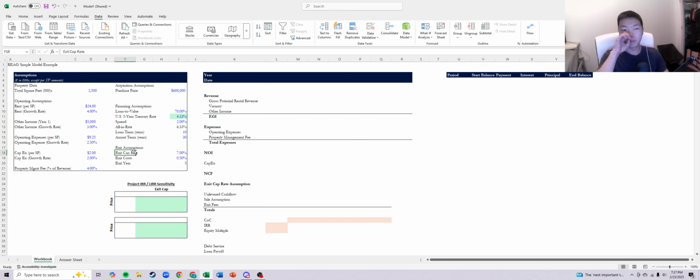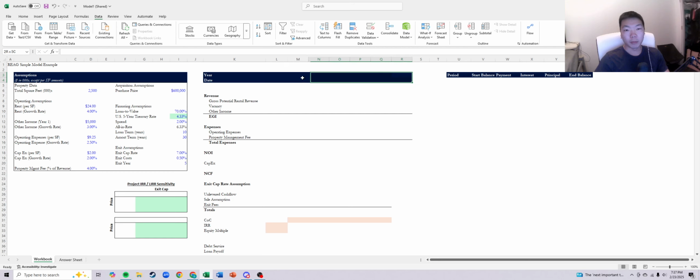Remember, we are assuming the position of a general partner, and we are going out and raising money to subsidize our equity check from a limited partner. So to be able to do that, we need to demonstrate that this property is a good idea, a good business plan, and that it's worth investing in.